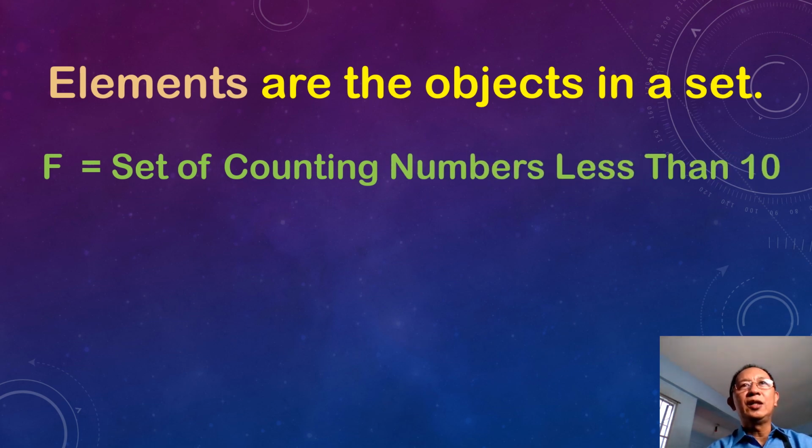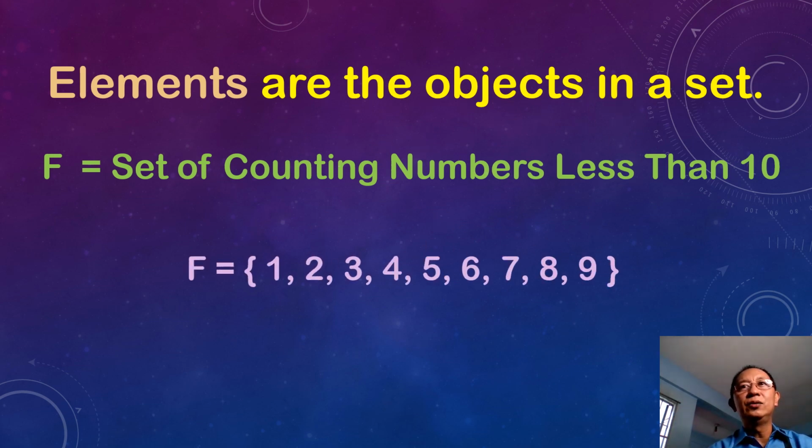Another example, set F is the set of counting numbers less than 10. When we say counting numbers, we will start with 1. 1, 2, 3. Unlike whole numbers, which start with 0. So let's identify the number of elements of set F, starting with 1, 2, up to 9.